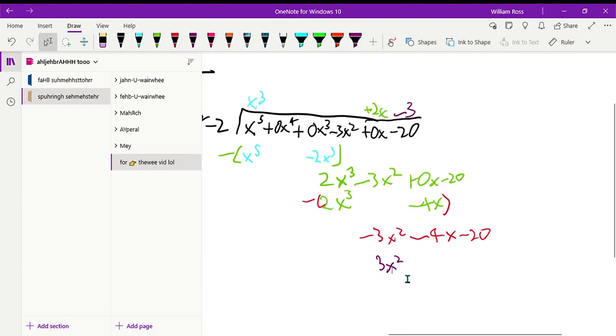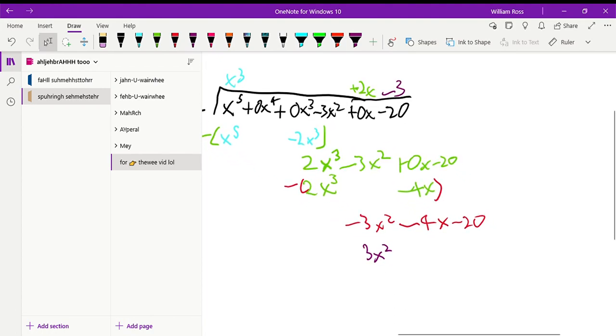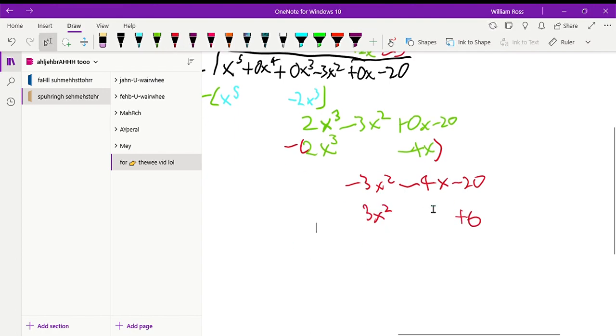Negative 3 times negative 2 will be positive 6. Okay, the color code is a bit off here. I'm going to switch up the color coding a bit because this is not how I used to do it. Now I'm confusing myself a little bit. There you go, that should be a bit better.